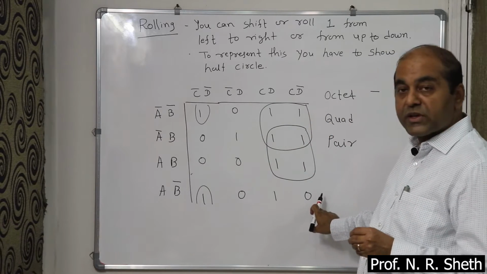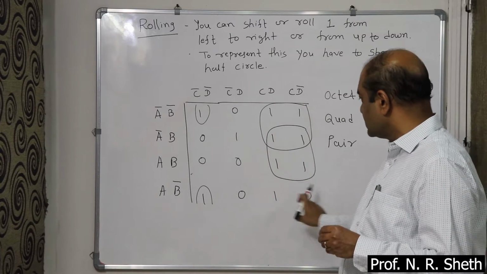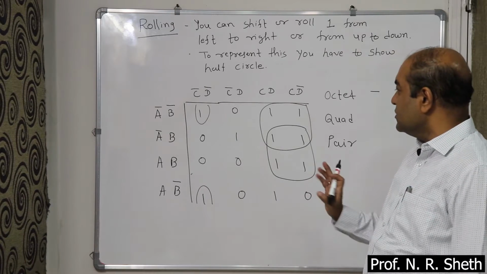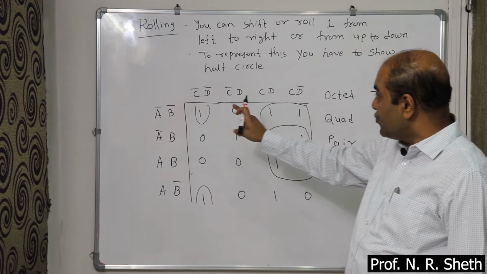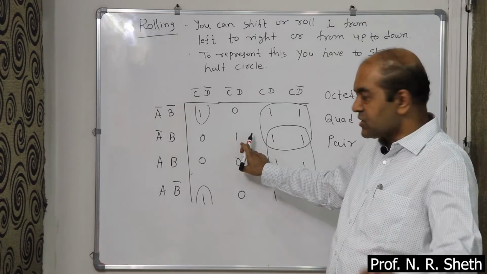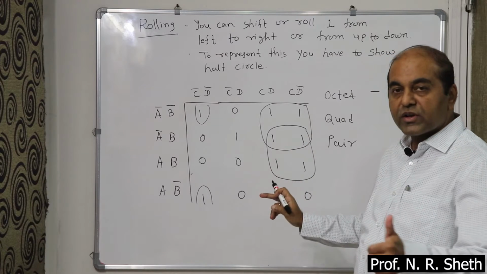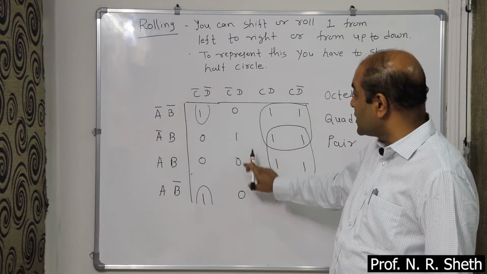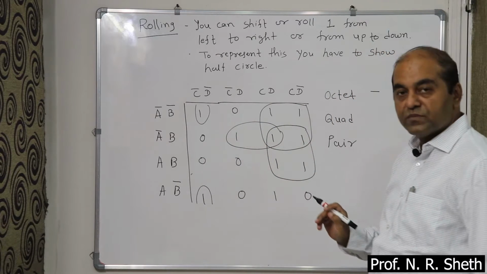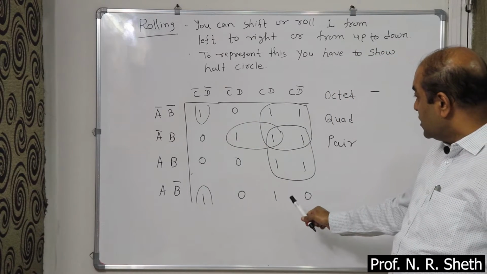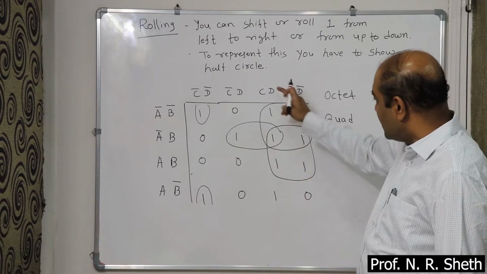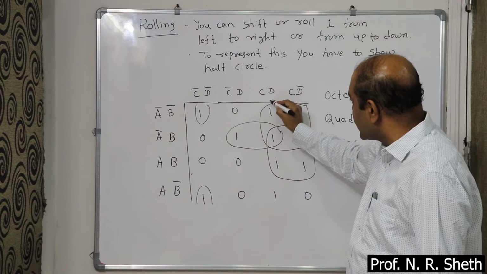If this one is present, then we can have a group of 4, that is a square, but this one is 0. So first pair. Now by using this, a group of 4 is possible. 1, 2, 3. 4 is not possible because these two both are 0. So pair number 2. This one. Yes, 1, 2, 3, 4. Straightforward it is possible.